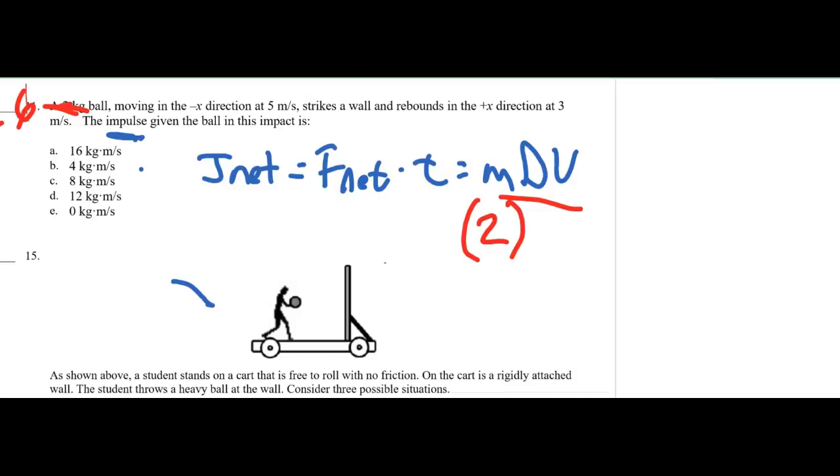The velocity initial was -5 meters per second. That's the one that got most of you. And then the last one is a positive 3 meters per second. So 2 times 5 minus 3 is 8, so impulse has to equal 16.